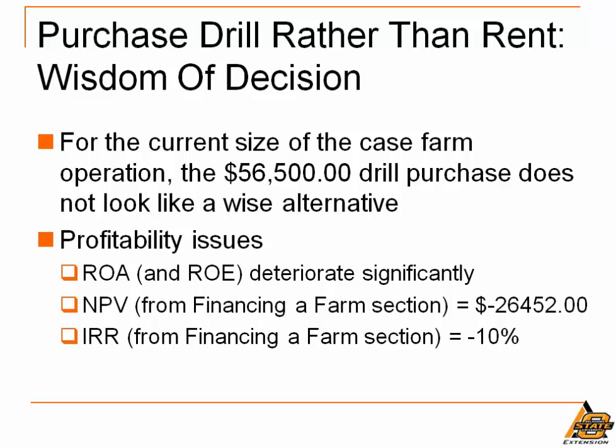This essentially means that purchasing the drill would be expected to reduce farm wealth by over $26,000 over its expected life. Similarly, the internal rate of return, or IRR, evaluation of the drill purchase turns out to be about negative 10%, meaning that the drill purchase by itself is projected to generate a significantly negative return on investment.